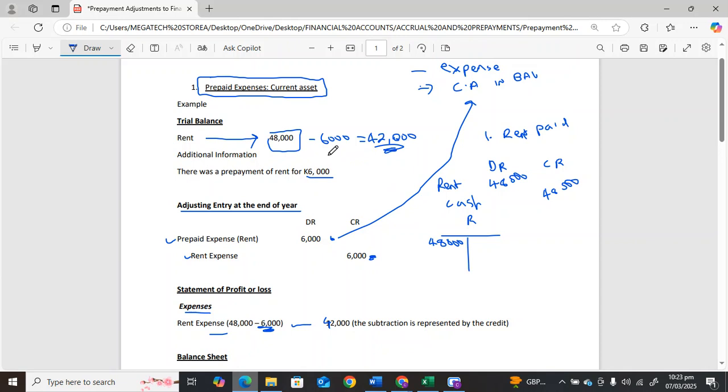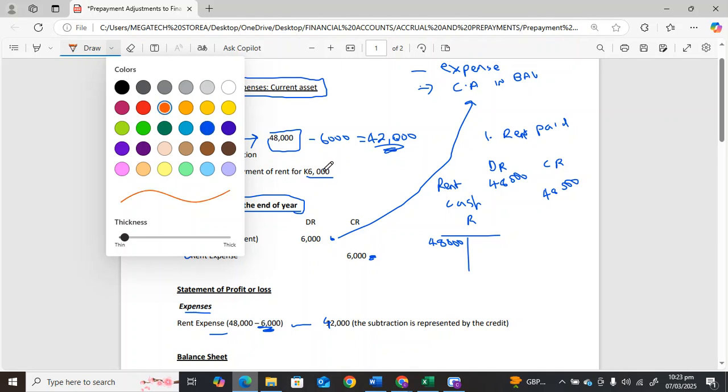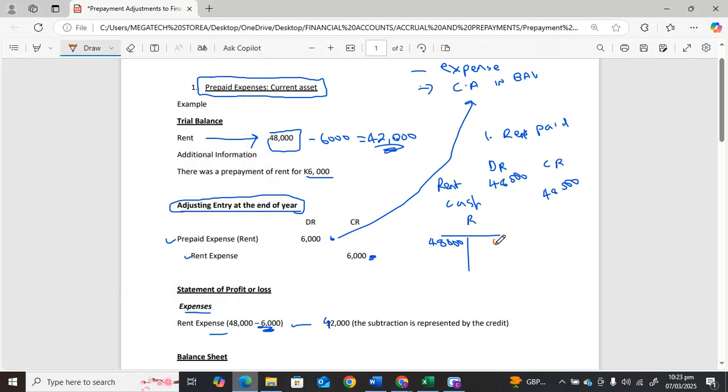This is where the adjusting entry comes in: we're removing the 6,000 from this 48,000. As you can see, this credit entry here, on the rent expense account, you put credit 6,000 here.